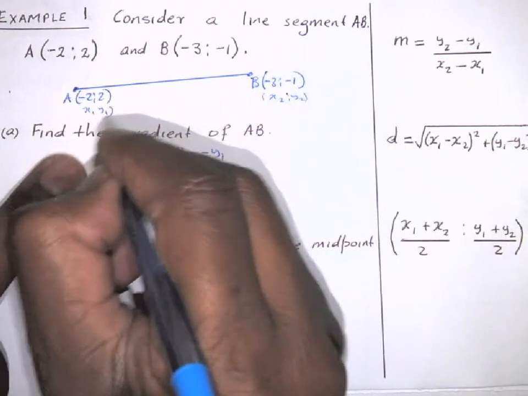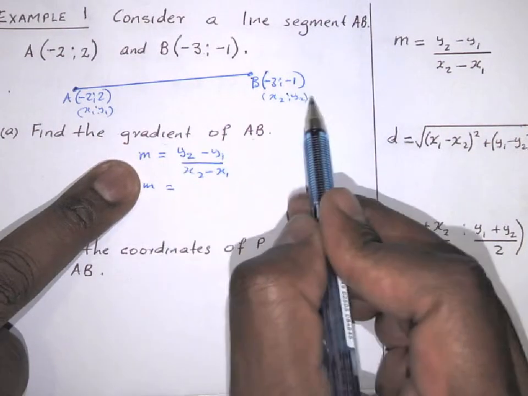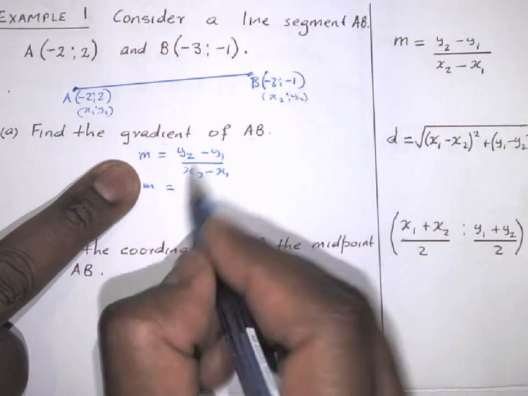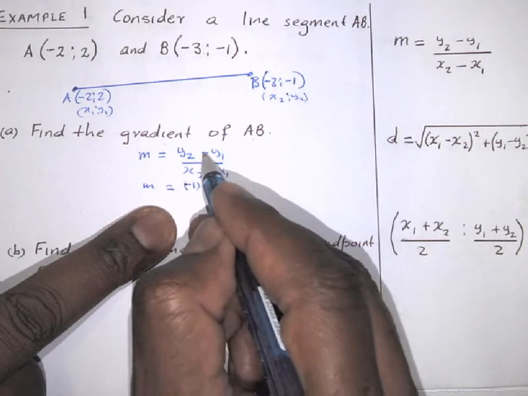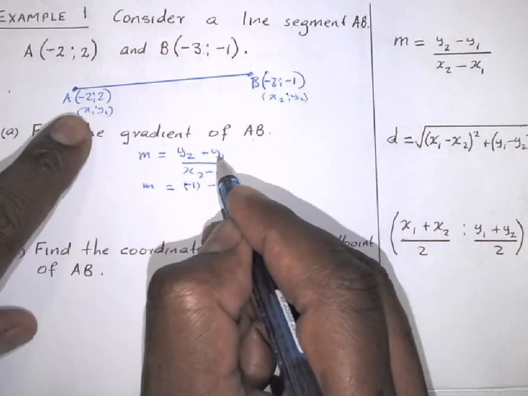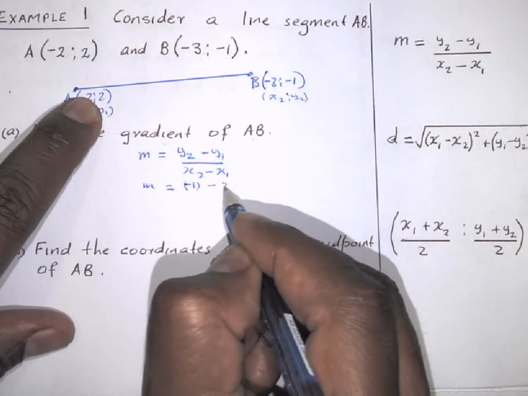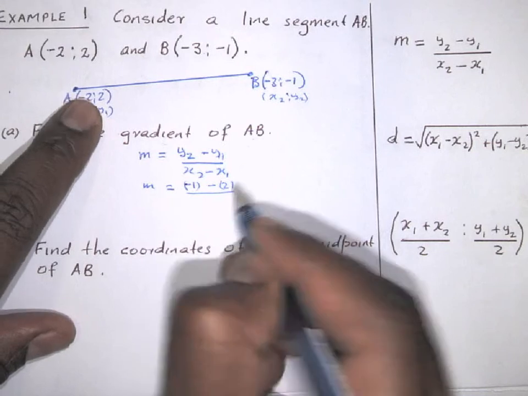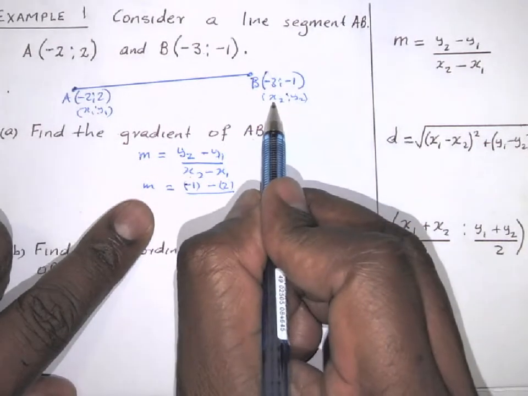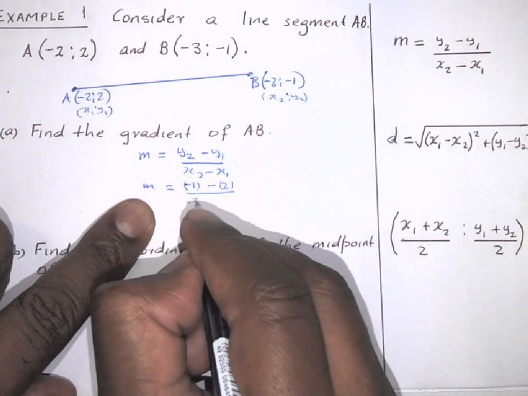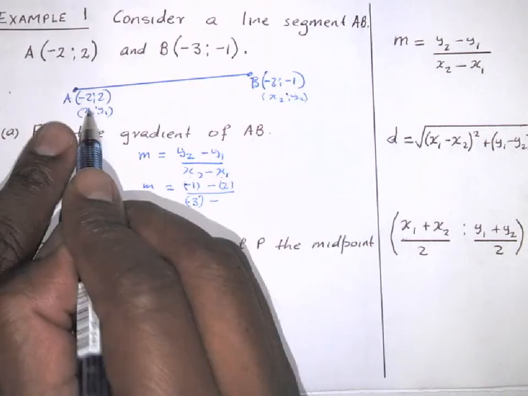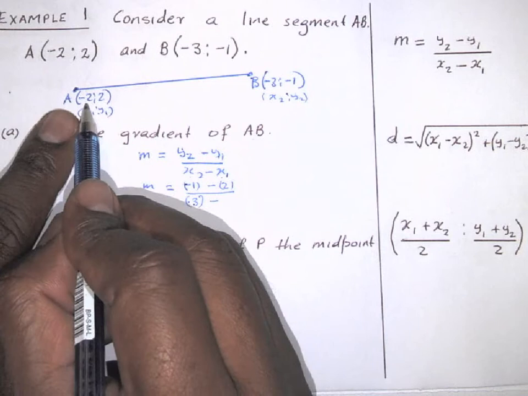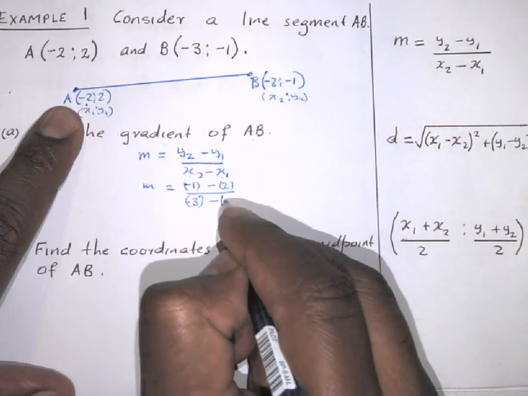So there is y2, which is minus 1. Remember when you substitute, we put it in brackets, then subtract y1, and y1 is 2. Over x2, which is minus 3, minus x1, and x1 is minus 2. We are subtracting minus 2.